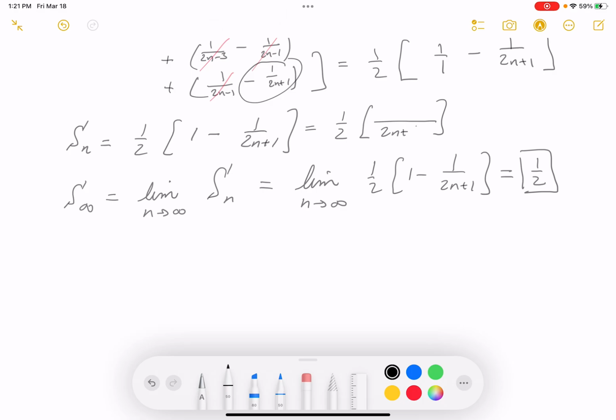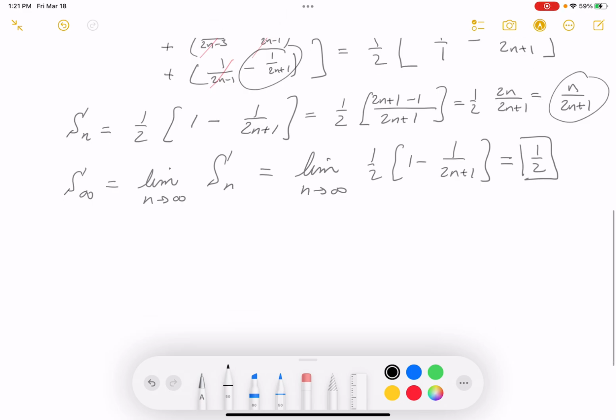This is 2n plus 1 minus 1 over 2n plus 1, which is going to be 1/2 times 2n over 2n plus 1, which is going to be n over 2n plus 1. That's what they have written down. Now, by the way, don't think you have to write it that way. It's really the same thing. Each one of those statements is the same. Did they get the limit as n goes to infinity? Of course, they did, 1/2. Telescoping series. Thank you.